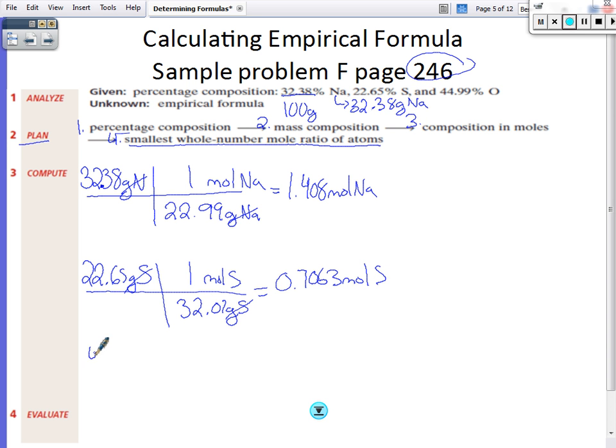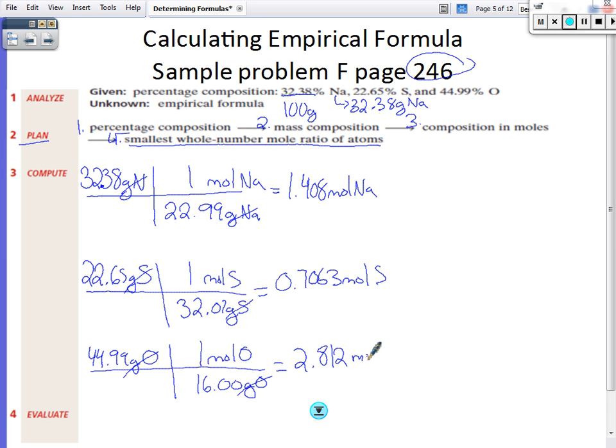And then oxygen, I've got 44.99 grams oxygen. Okay, 1 mole oxygen is 16.00 grams oxygen, and that will give me 2.812 mole oxygen. Notice each one of these I have 4 significant figures, so in my result of each division and multiplication I end up with 4 significant figures.